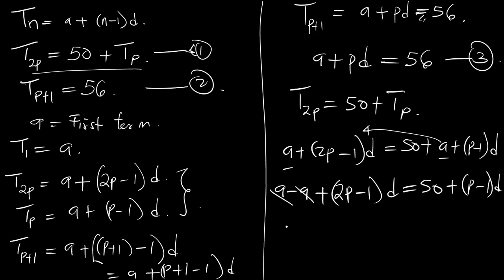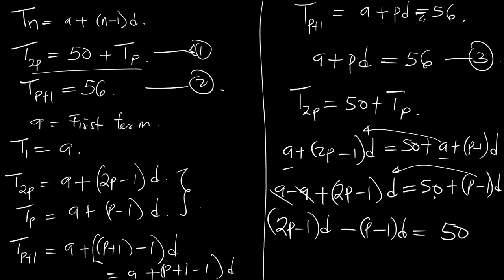Now this will cancel each other. Now we will have (2p minus 1) times d. Now we are going to move this to the other side. You have minus (p minus 1) times d equal to 50, because 50 will be left here since the whole of this was moved to the other side.